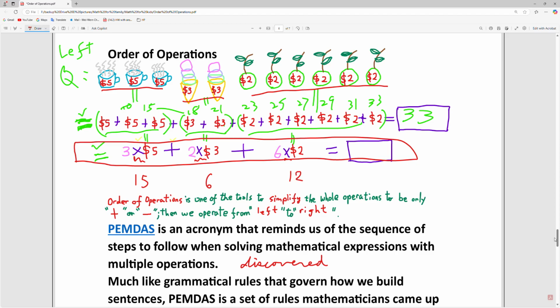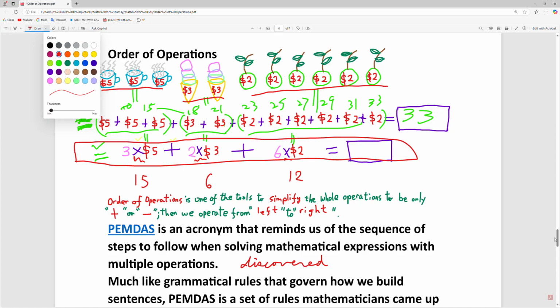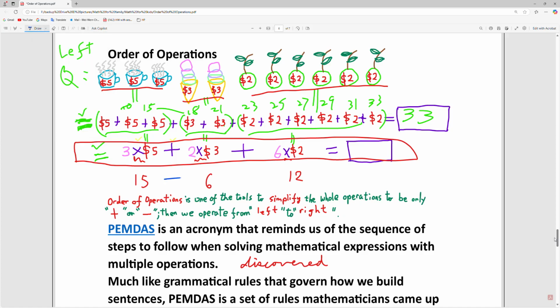So after that, it's only addition. Then you add them from left to right, or you can jump around, doesn't matter. You have 21. 21 plus 12 equals 33. So if you multiply first and then add later, you will have the correct answer.